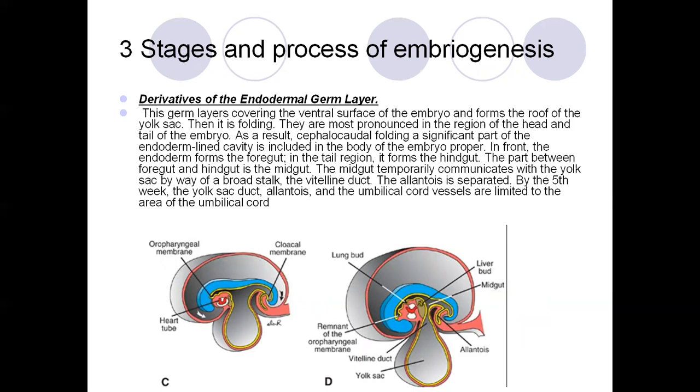Differentiation of the endodermal germ layer, or derivatives of the endodermal germ layer. So, endoderm forms the yolk sac and forms the lower part of the embryo.